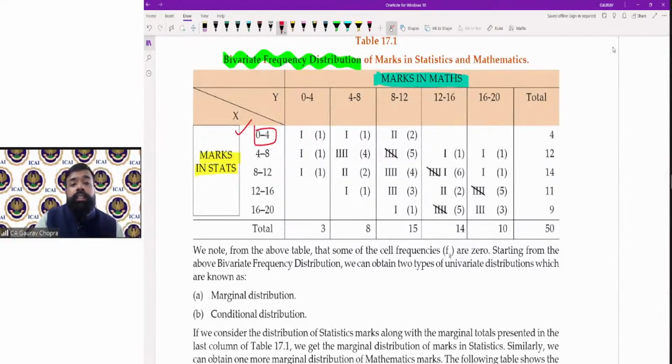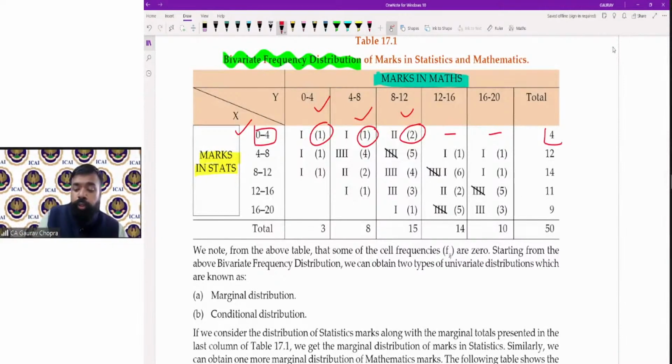Now अगर किसी ने 0 to 4 marks secure किया है stats में, तो उनमें से maths में कितने marks आए हैं? तो एक student ऐसा है जिसके 0 to 4 marks है, एक student ऐसा है जिसके 4 to 8 marks है, दो students ऐसे हैं जिनके 8 to 12 marks है, and 12 to 16 and 16 to 20 में कोई भी नहीं है. There is no one here.